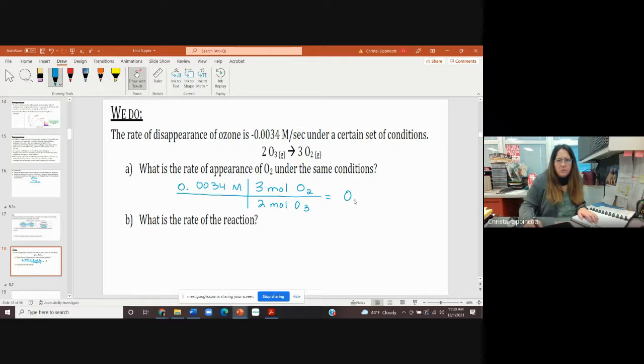Yep. 0.0051, and that's big M over S. Now, you will sometimes see this written for units. So get used to this as big M S minus 1. Okay? This is that. It's the same thing. Be careful because that will happen.